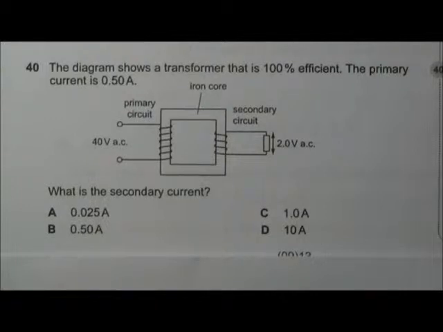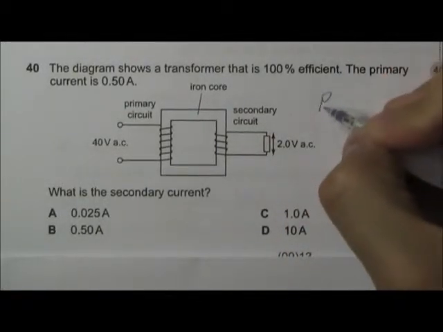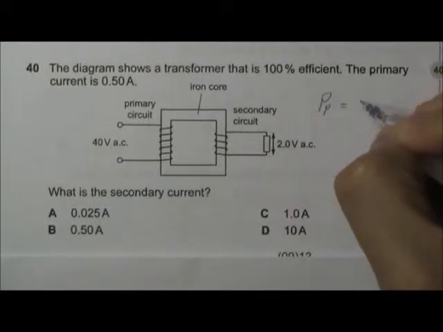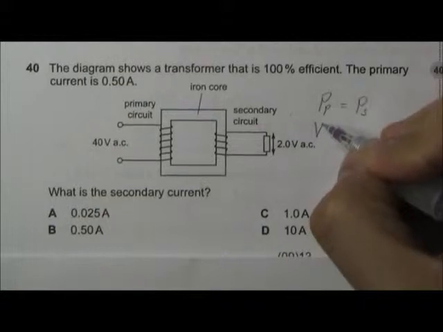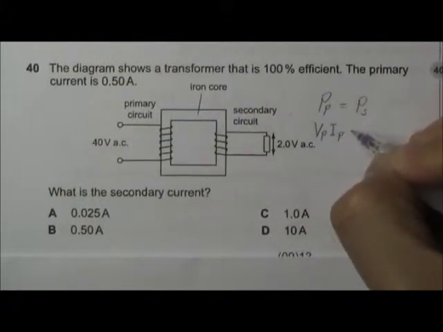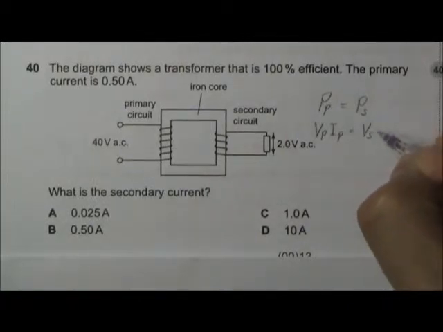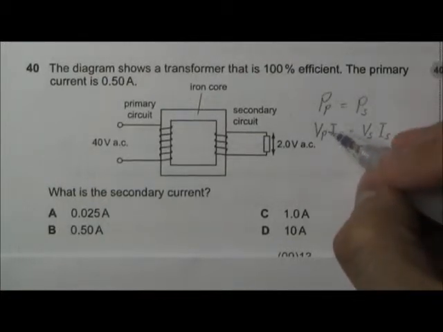Okay, since the transformer is 100% efficient, that means the power in the secondary coil is equal to the power in the primary coil. So voltage in the primary coil multiplied by the current in the primary coil is equal to the voltage in the secondary coil multiplied by the current in the secondary coil. So with this, we just plug in the values.